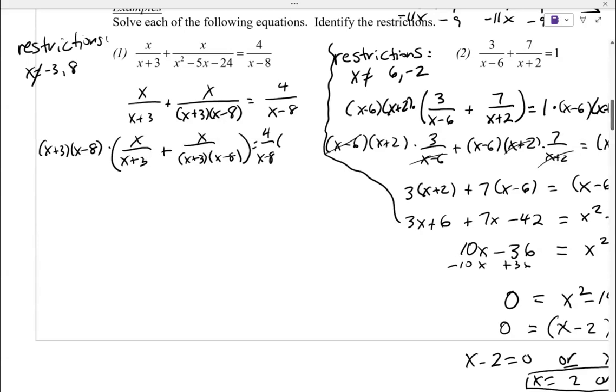Why did we choose x plus 3 and x minus 8? Well, again, we're just looking at the factors, right? I see x plus 3 in this denominator, so I want to multiply by it. I see x minus 8 in that denominator, I want to multiply by it. And it takes care of all the rest of them too, doesn't it? Okay. What's next?